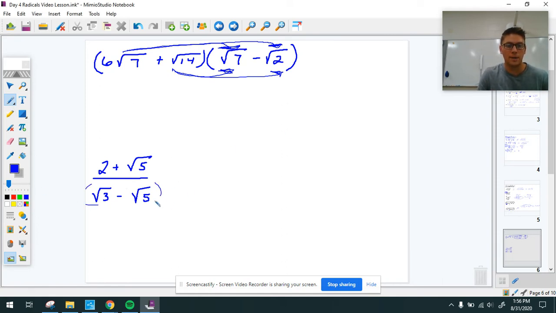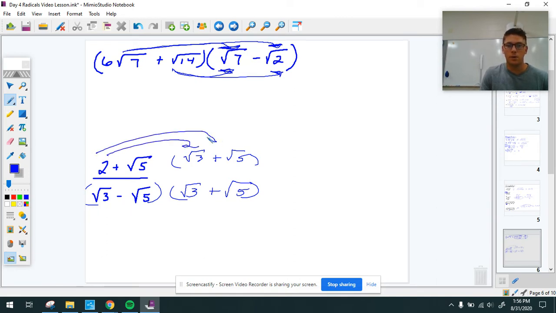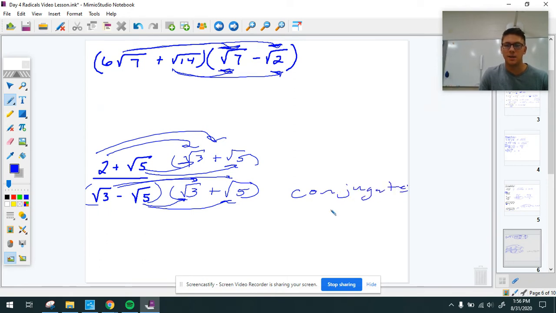So we would multiply the top and the bottom by its conjugate down here, which is just addition or subtraction. That's the difference between conjugates. Square root of 3 plus the square root of 5. And then we'd have to do a full distribution here. But you use conjugates to rationalize.